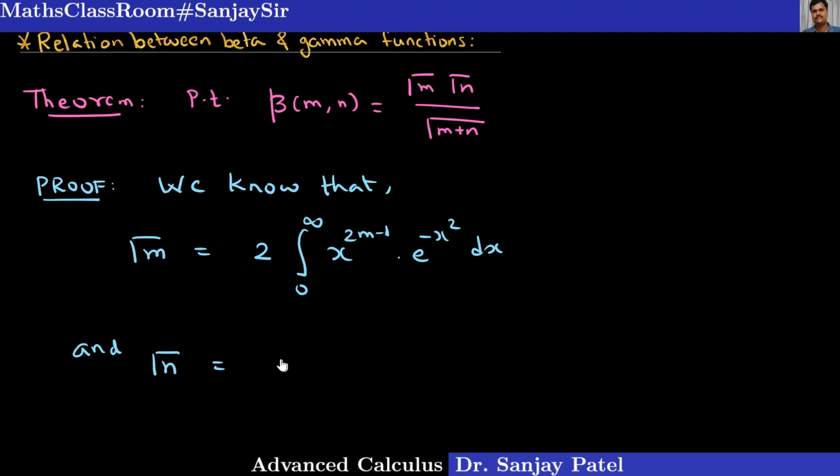And this time I want to use a new variable, because the variable is not important here. So let me use a new variable y, because I want to convert this multiplication into a double integral. So this I can write as y raised to 2n minus 1 into e raised to minus y square dy.